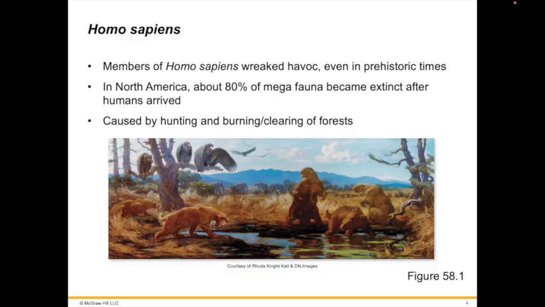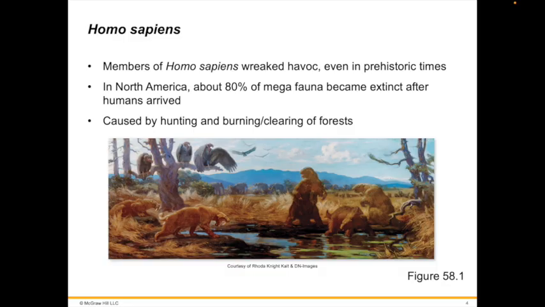A great deal can be learned about the current rates of extinction by studying the past. In prehistoric times, members of Homo sapiens wreaked havoc whenever they entered a new area. For example, at the end of the Ice Age, approximately 12,000 years ago, the fauna of North America was composed of a diversity of large mammals, similar to those living in Africa today: mammoths and mastodons, horses, camels, giant ground sloths, saber-toothed cats, and lions, among others.